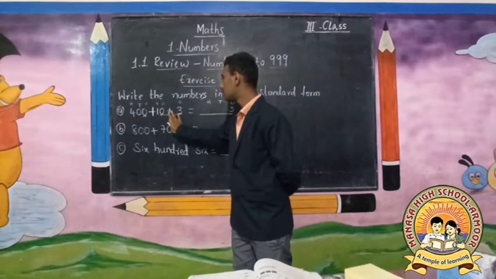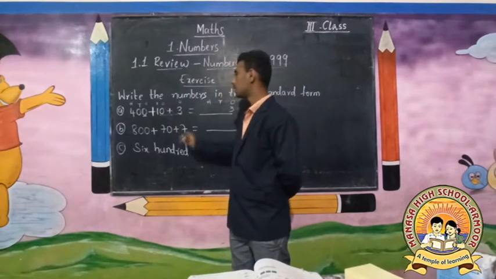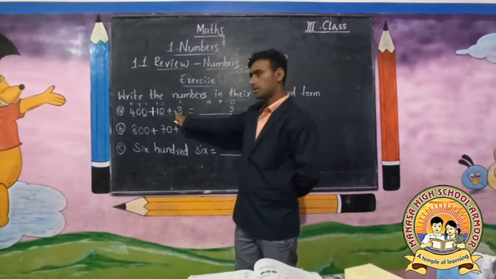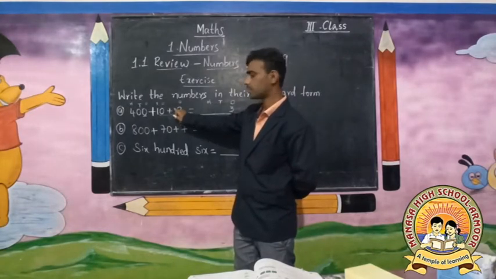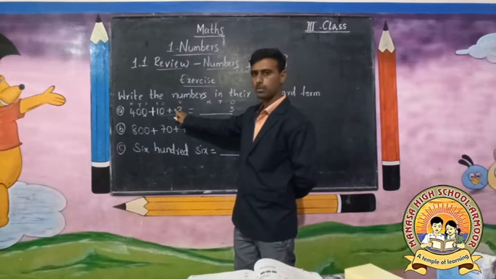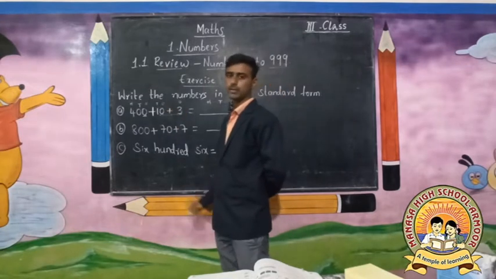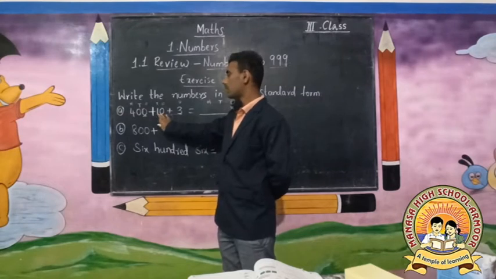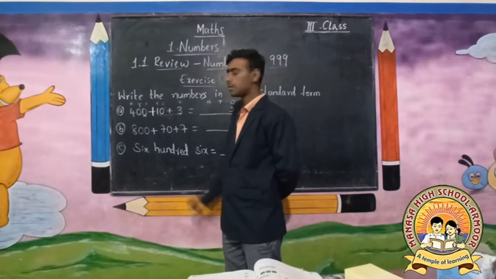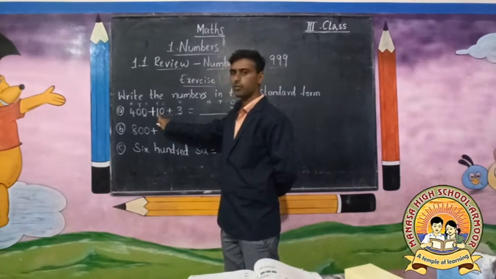Next, tens place. Look at here, children. Do we have any digit in tens place? No. So go directly to the next number. Here it is 10. So in 10 we have one digit in tens place. So what is the digit? It is 1.